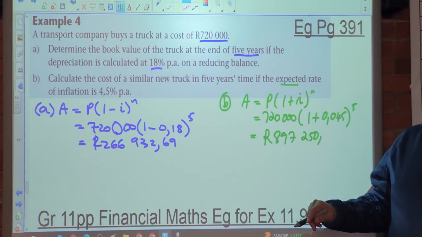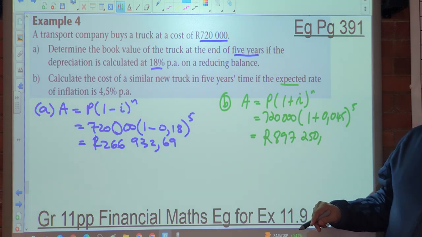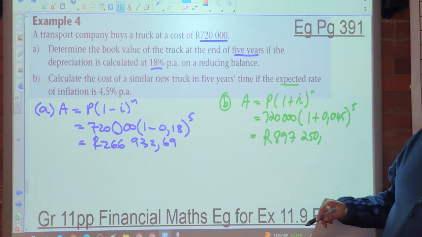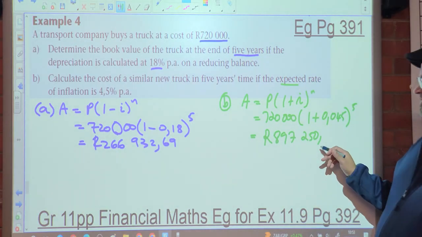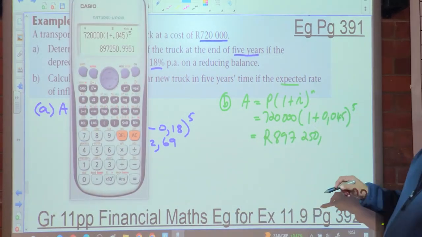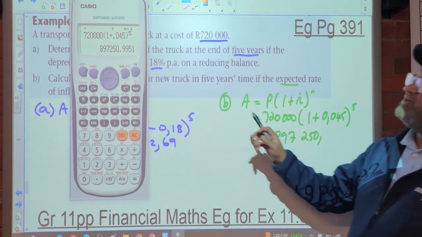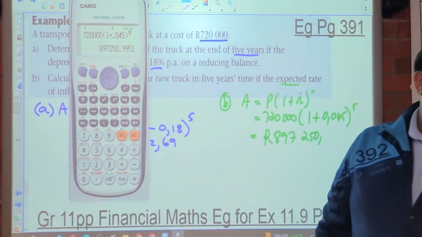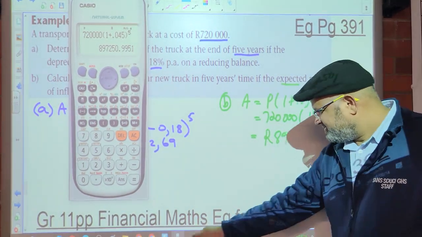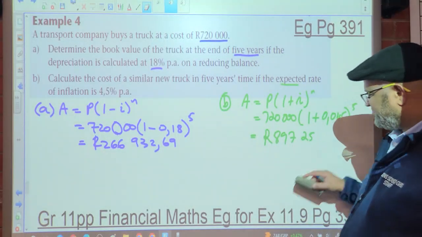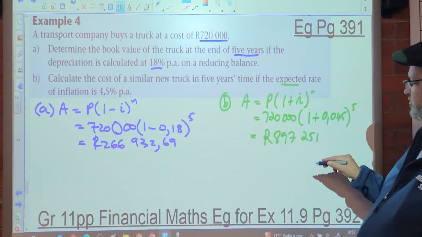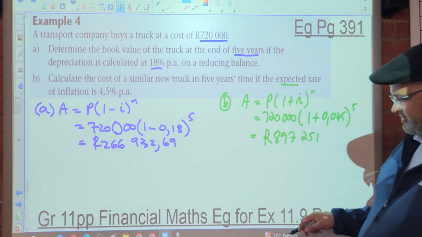Yes, I said 251. It doesn't say to the nearest rand. Then you don't have to write it to the nearest rand. Oh, it does. There's rounded off people. Come on. So it's 251. You're just a bit too fast for me, Lisa Kanye.